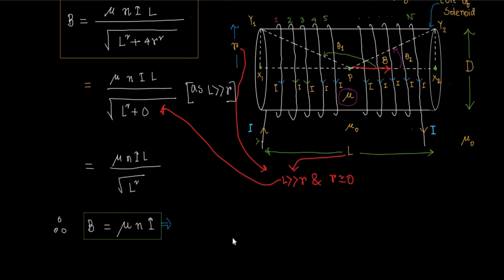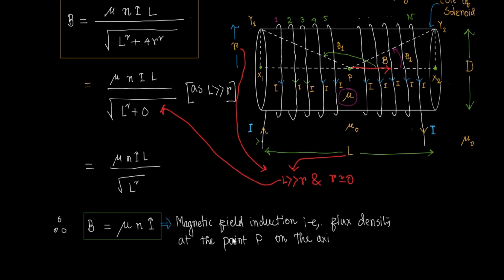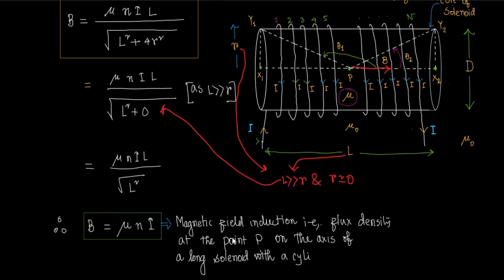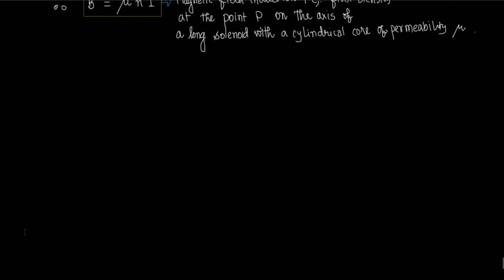B is equal to mu ni, that is the magnetic flux density at the point P on the axis of a long solenoid with a cylindrical core of magnetic permeability mu.